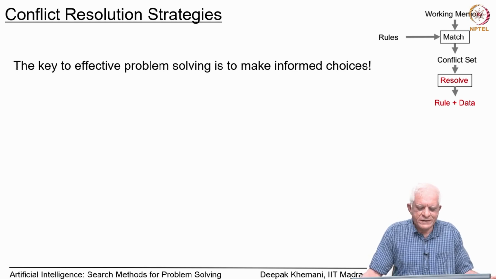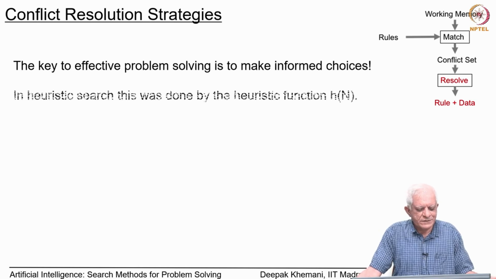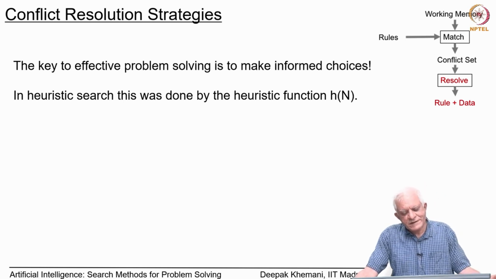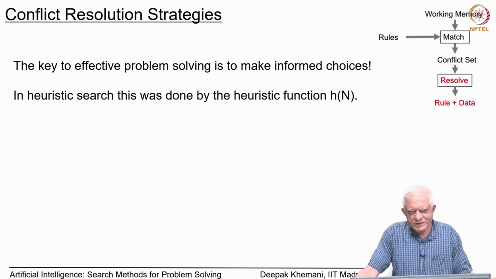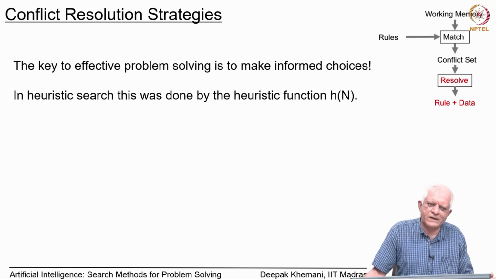As we said, the key to effective problem solving is to make informed choices. In heuristic search, we try to use a heuristic function to help us decide which move to select next. But we also said that the heuristic function should be given to us by the user, at least in this course.